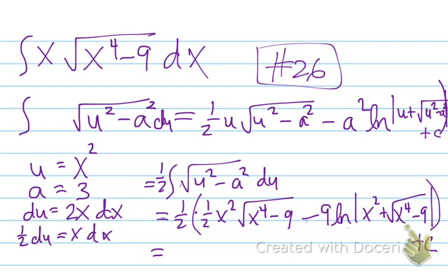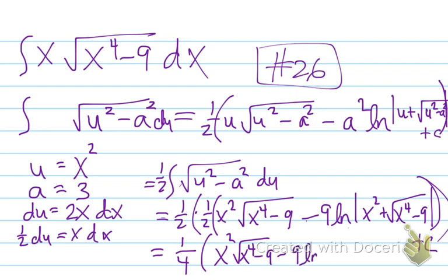And actually, in my original one, there should be parentheses around this too, so there's parentheses like that. So the 1/2 can get multiplied, that's 1/4 times x squared square root of x to the 4th minus 9 ln of the absolute value of x squared plus the absolute value of x to the 4th minus 9 plus c.